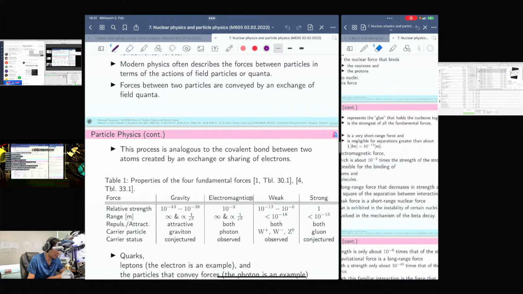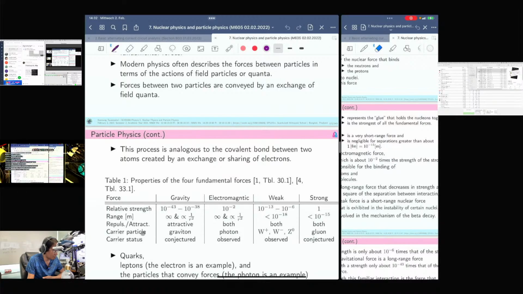And what about weak force? Weak force could deliver both repulsive and attractive force. What about strong force? Of course, strong force could be repulsive and also attractive. It could be repulsive when the nucleons have the same kind of charge, but it's not charge because that would be the Coulomb force.